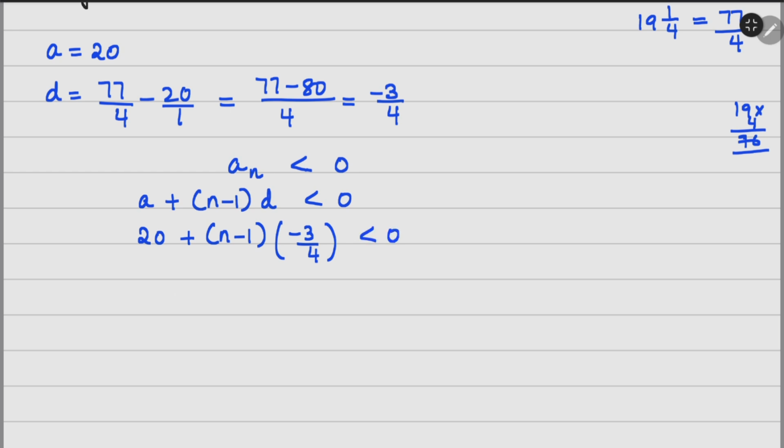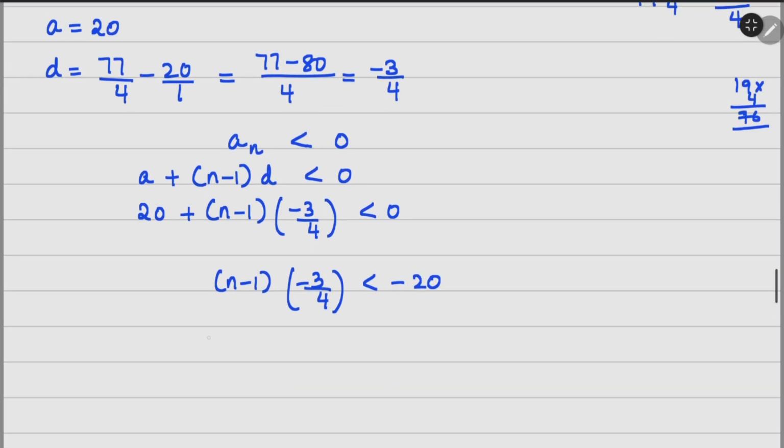Here I can take 20 to the other side. So you'll have N minus 1 into minus 3 by 4 is less than minus 20. Now you can cross multiply. So you have N minus 1 into minus 3 is less than minus 80.